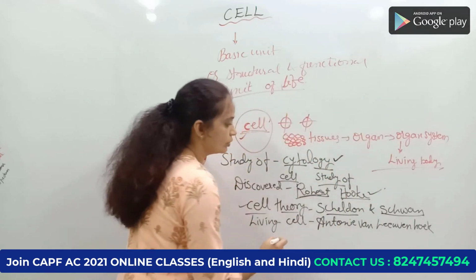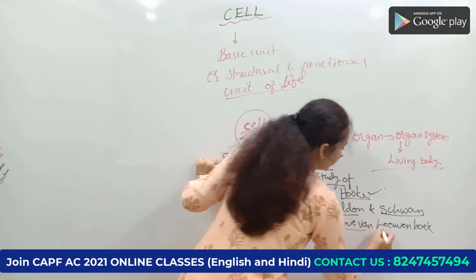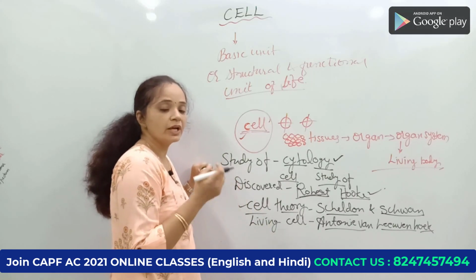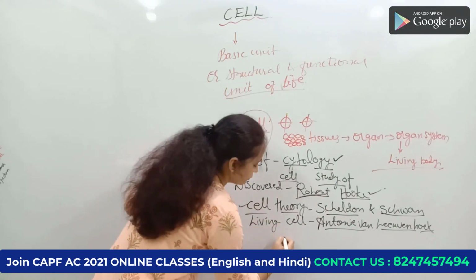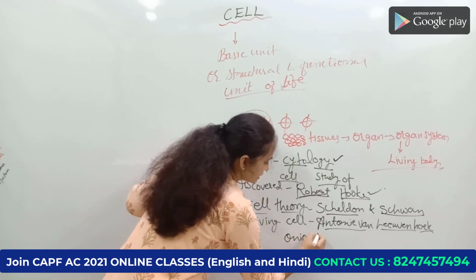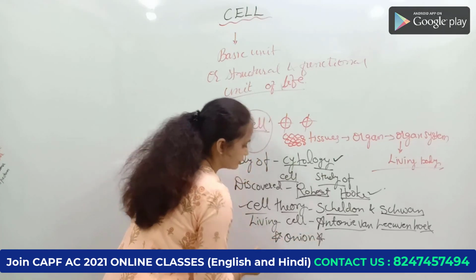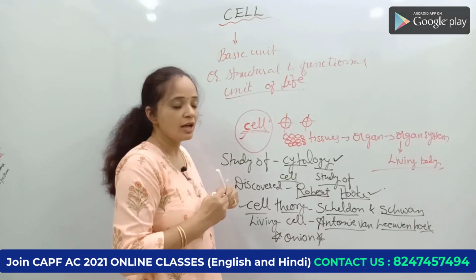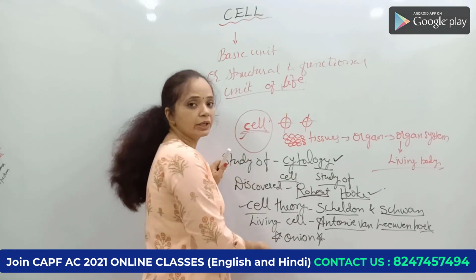Anthony van Leeuwenhoek is the name of the scientist. He discovered the living cell. And where did he discover it? In onion. He found the living cell in onion. This is again a very, very important point, that the first living cell was discovered in onion.